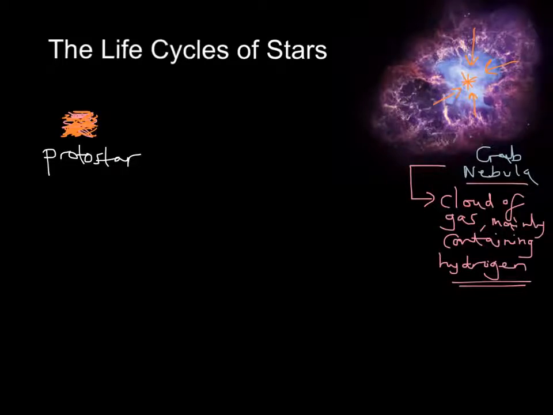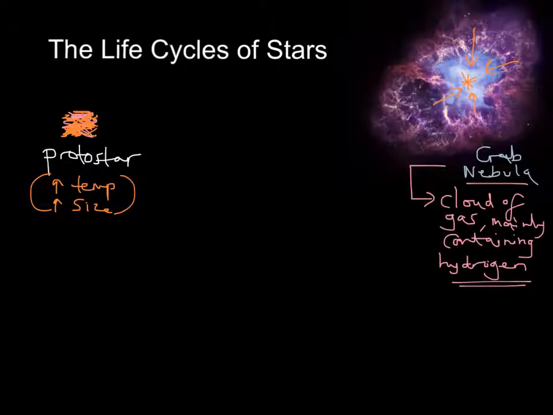Now, this centre, this protostar starts to get hotter, it gets bigger, and over time we form a new star. Now, under these conditions, so we'll just make a note of that in fact. So we're going to increase the temperature, and we're going to increase in size.